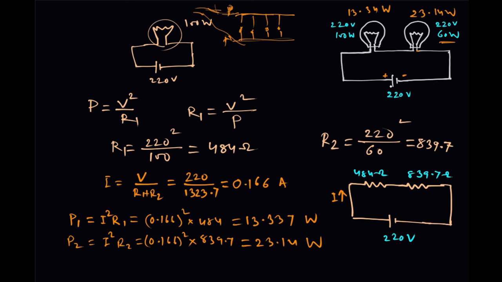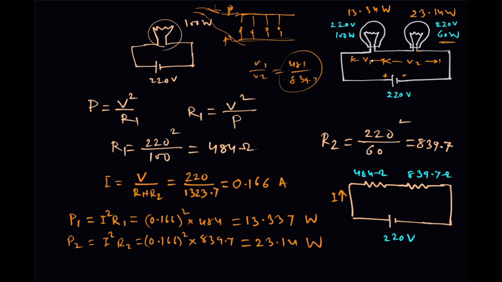So one thing is that if these two bulbs are connected to 440 volt, then what will happen? You can see that the voltages across the bulbs are not the same, because their resistances are not the same. So the voltage distribution, if it is V1 and this voltage V2, then V1 divided by V2 is in the ratio of the resistances. The resistances are how much? Its resistance is 484, and the other is 839.